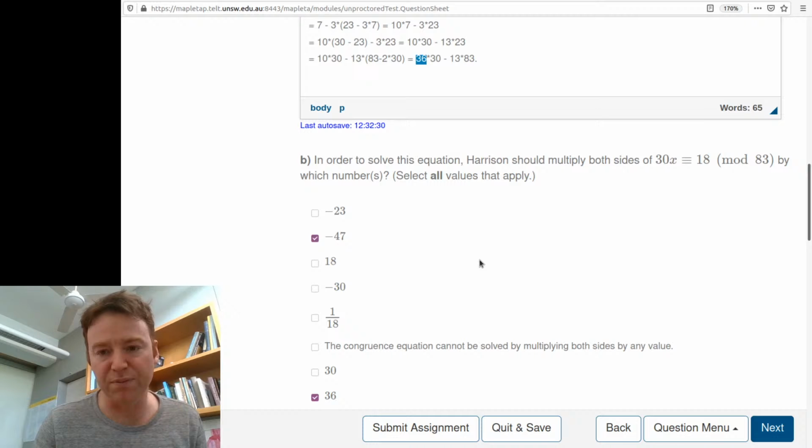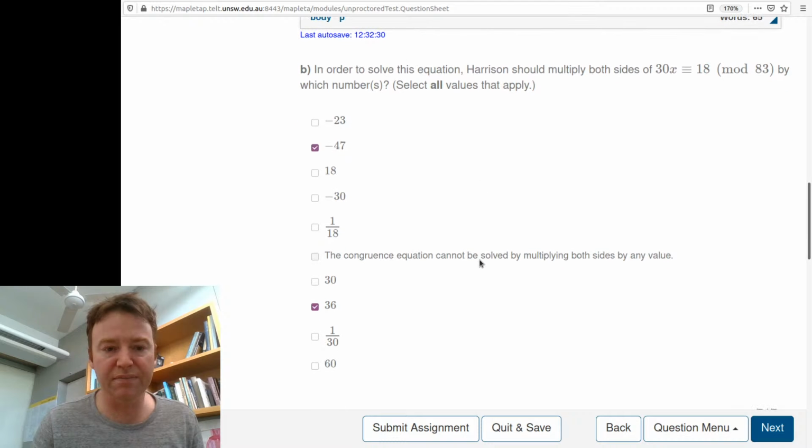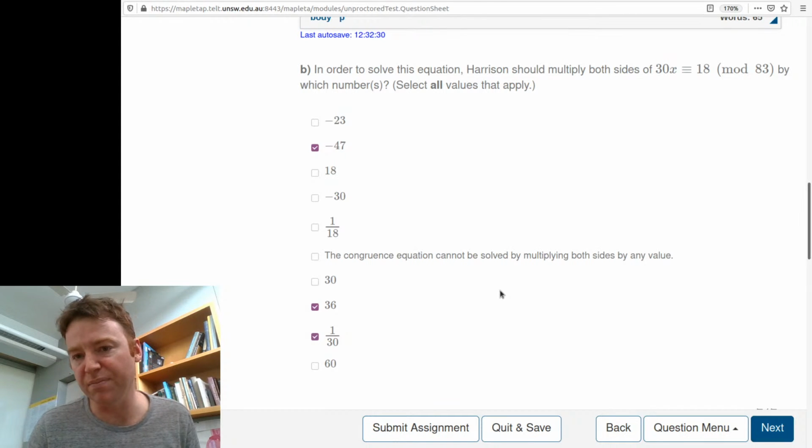Well, they're the same number in mod 83 land. Yep. 1 over 30. Well, yep, negative 47 is the same as 36 in mod 83.